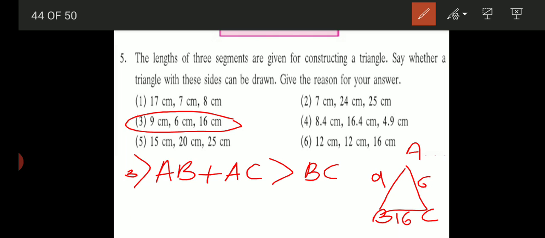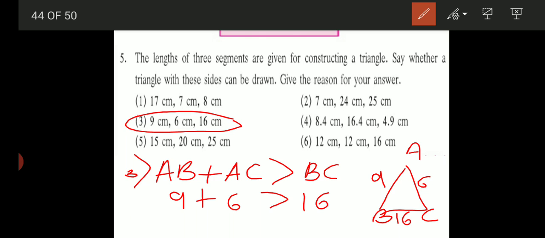Please remember, we are attempting the question of constructing a proper triangle. So for that, the highest side value measurement will always be your third side value. Now AB is 9, and AC is 6, which should be greater than your BC value, 16.